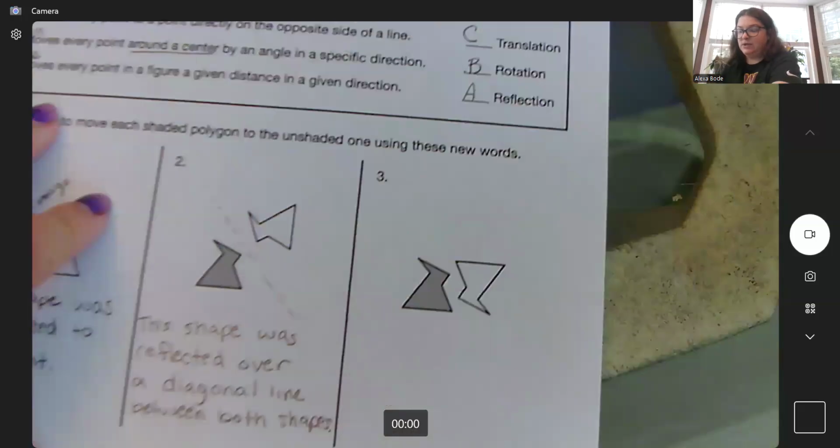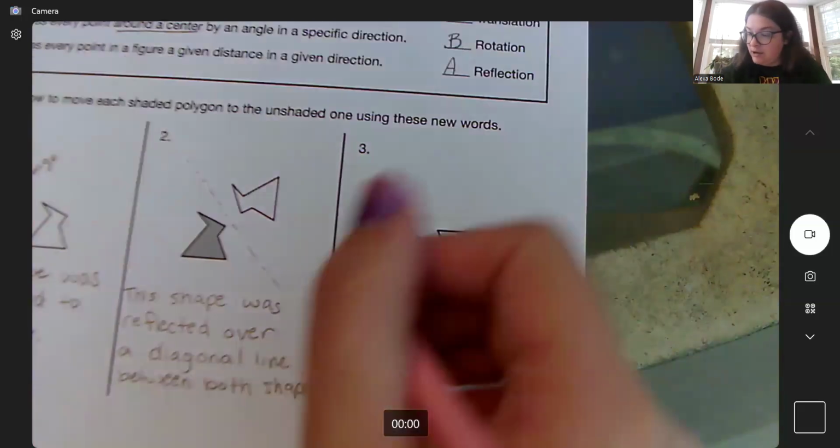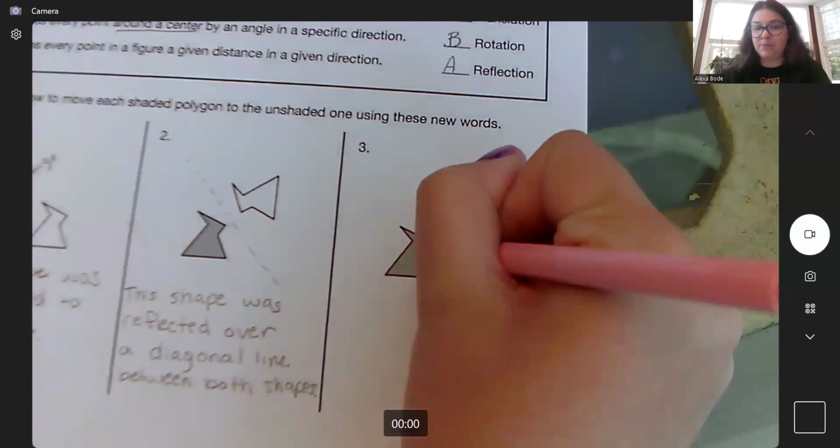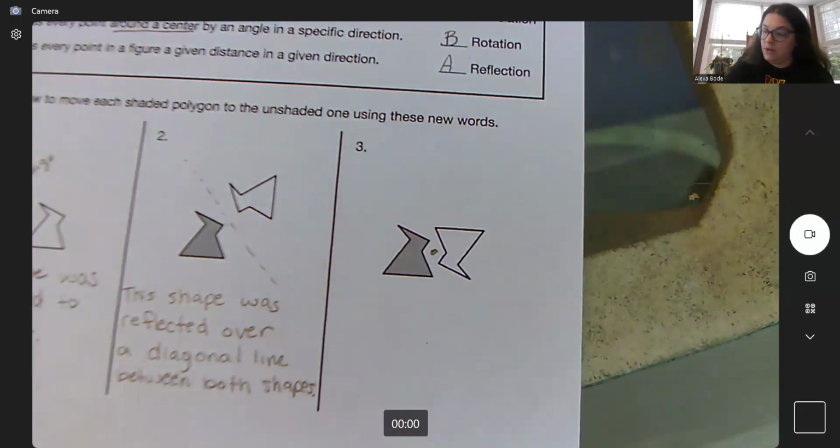Okay, and our last one here, this one is a rotation around this point here, the point in the center, and it has been rotated 180 degrees. Yesterday or in the video today, you watched the rotation about a quarter of the way. This one's gone 180, so like halfway around a circle.